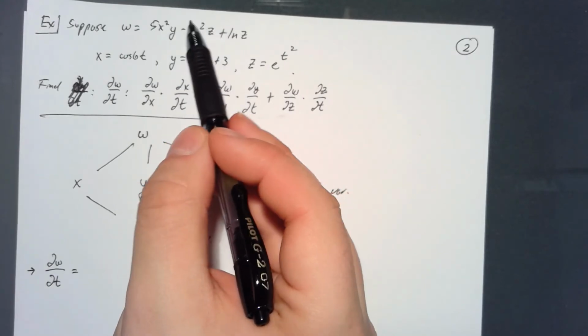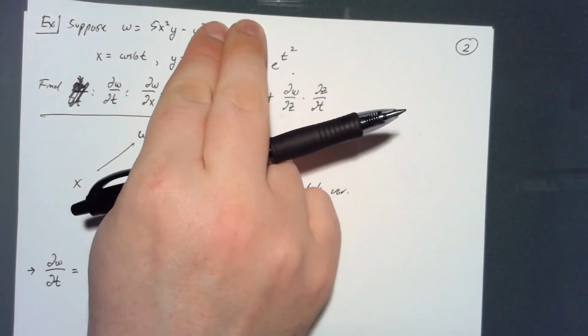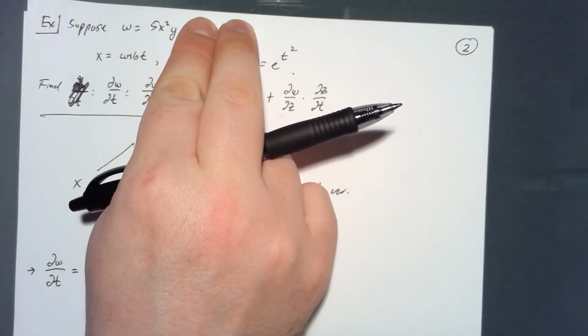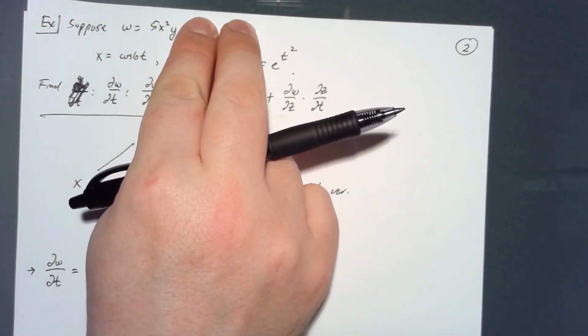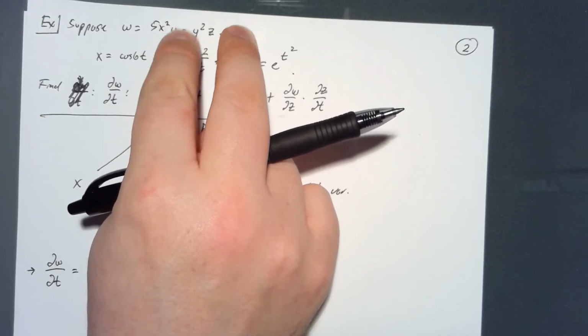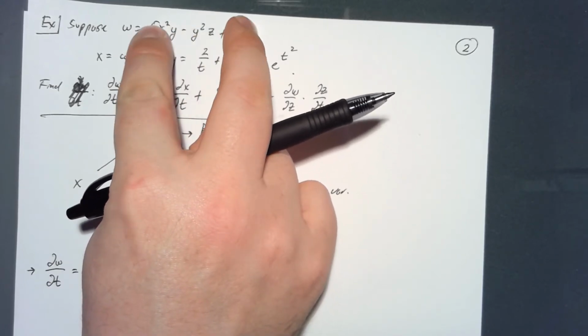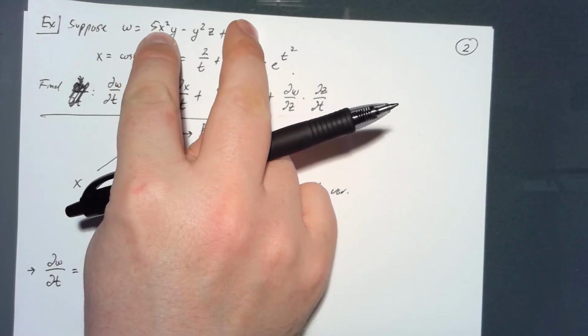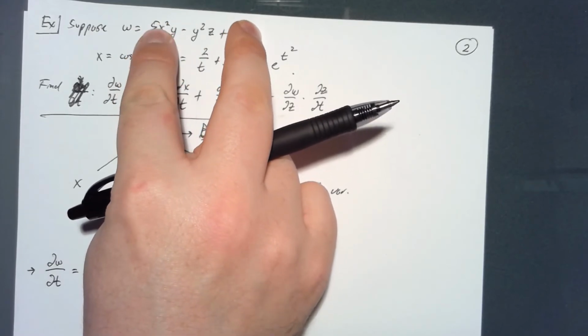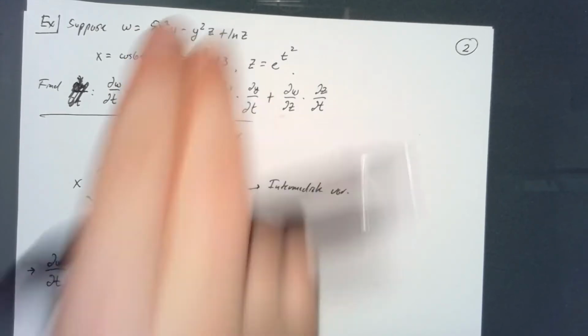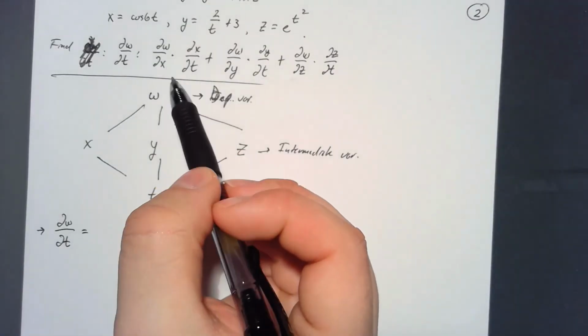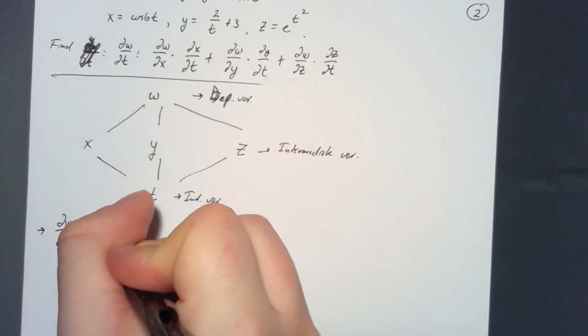So I don't care about this term or this term. I can ignore both of them. So what's the derivative of that with respect to x? Use the power rule, right? The y just sits there. So that's going to be 5 times 2, that's going to be 10x to the first times y. So dw dx is going to be 10xy.